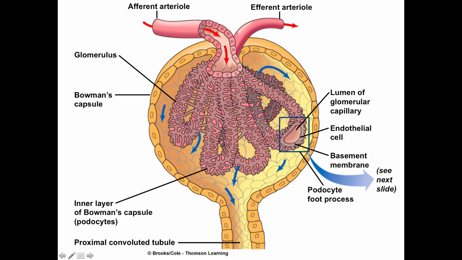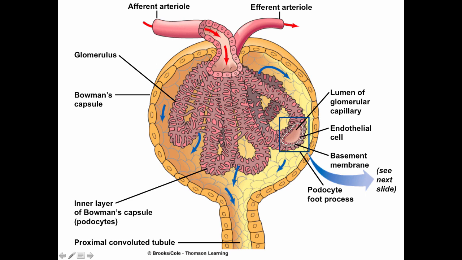If we look at this, you see here the afferent arteriole that brings blood into the glomerular capillaries. Blood enters the glomerular capillaries and moves across the glomerular membrane into Bowman's capsule. Now, there's a box here illustrating a cutout.